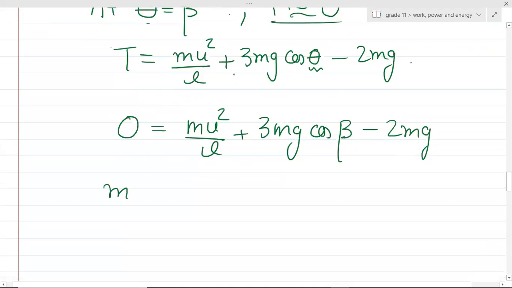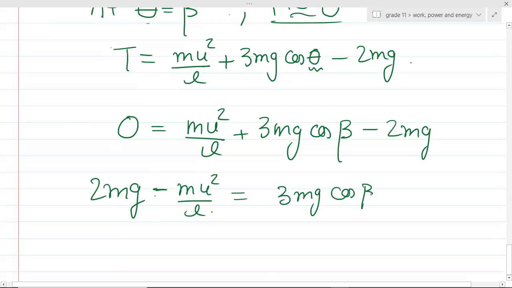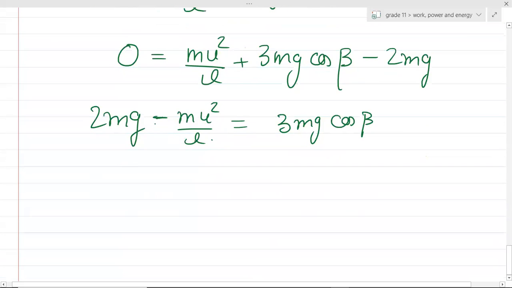So can I solve this a little bit? This 2 mg will go over to that side, so twice of mg. This mu square by L will go on that side, so minus mu square by L is basically equal to 3 mg cos beta. Yes or no? Can I take the LCM? I can send this L on that side. M and M will be cancelled from the whole equation.